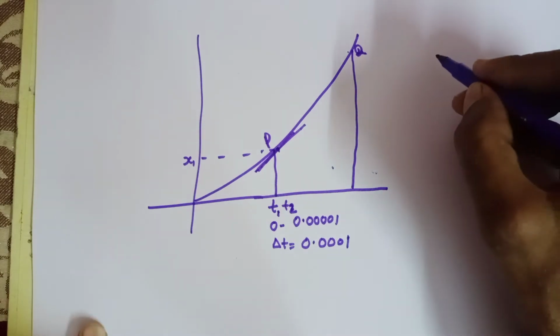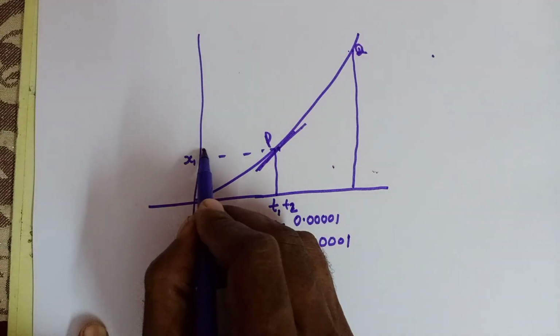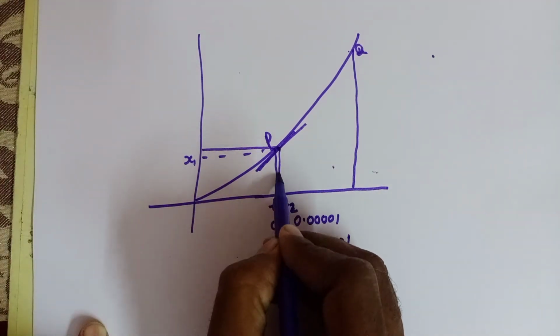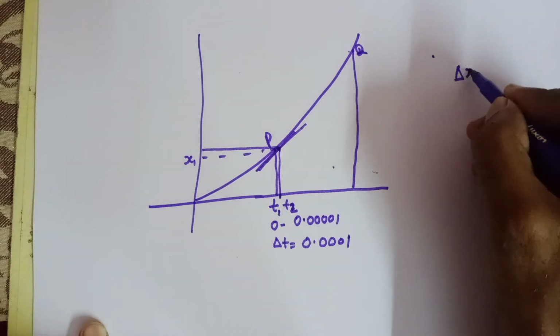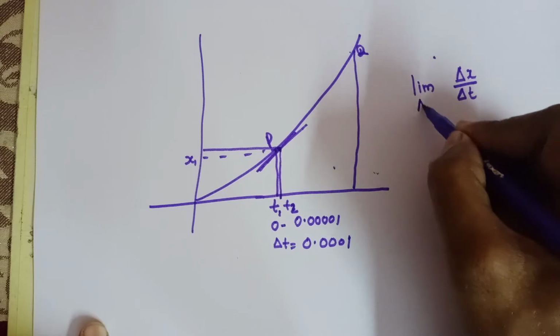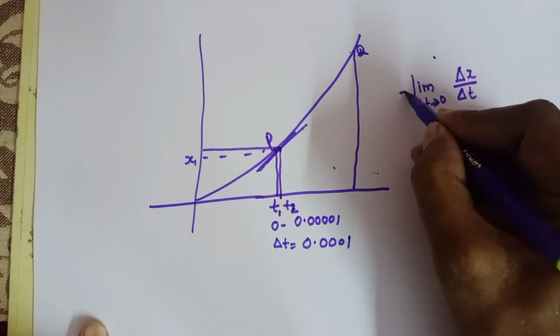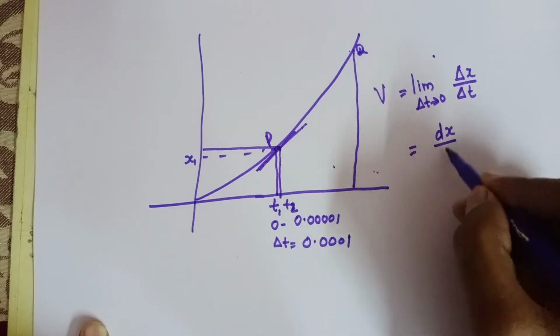Then delta x will also be very small, and delta t will also be very small. So when delta x and delta t both are very small, here we write limit delta t tends towards 0, v velocity, this will become dx by dt.